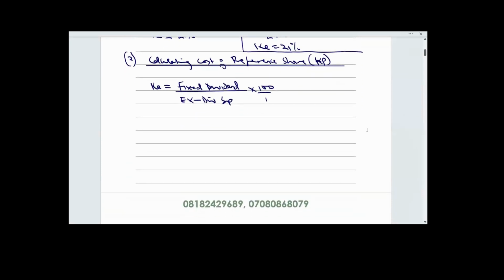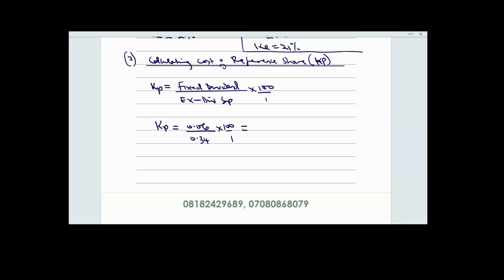Now let's proceed with the cost of preference share. Sorry, I'm using K instead of KP. The preference dividend is 6 kobo. That's the nominal rate. 6 kobo, 0.06, divided by XD share price we calculated as 0.34, multiplied by 100 over 1.